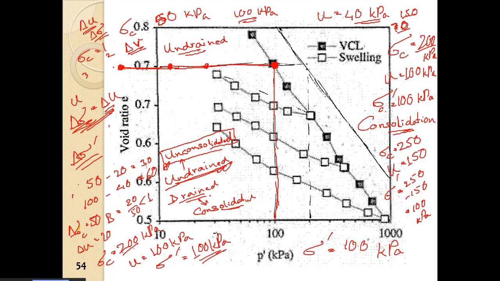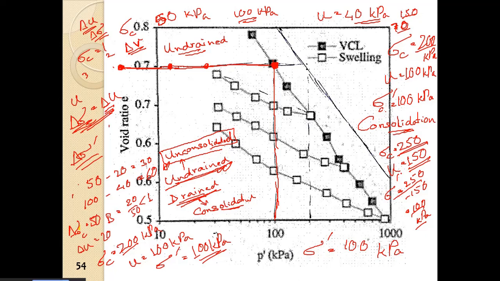Okay. Now if it is drained, let us consider the case here. We have increased up to 250 and the pore water pressure is 150, so effective stress is 100 kPa. So it is still here. We can now do two things.